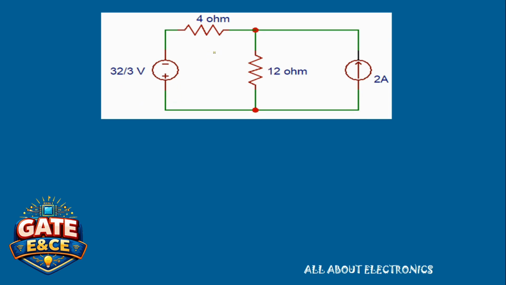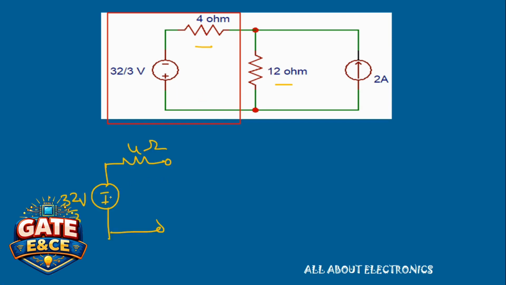So here again now we can convert this voltage source into the current source, so that this 4 ohm and 12 ohm resistor will come in parallel. We can simplify this circuit. So here this 32 by 3 volt voltage source can be converted into the current source with this 4 ohm resistor in parallel.